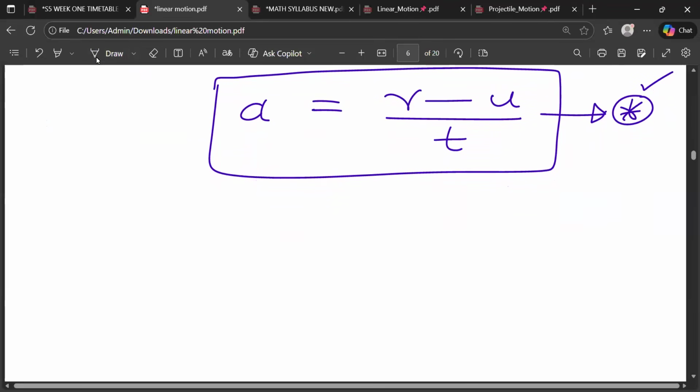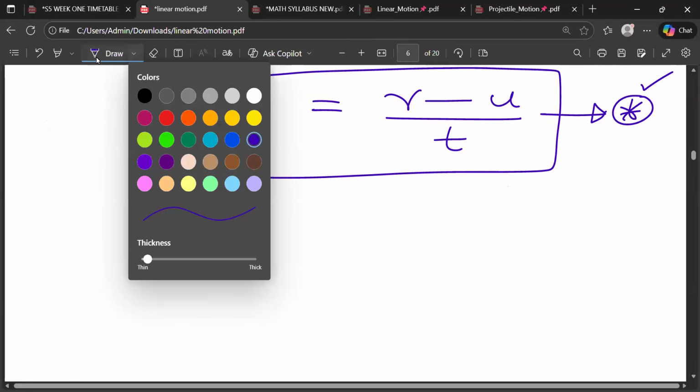Before you even go into the equations of motion, look here.